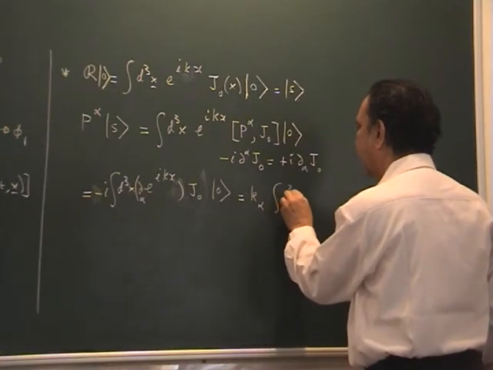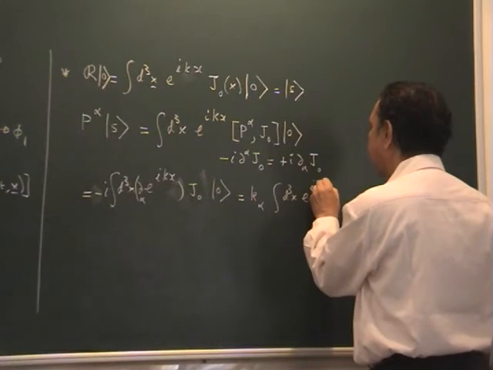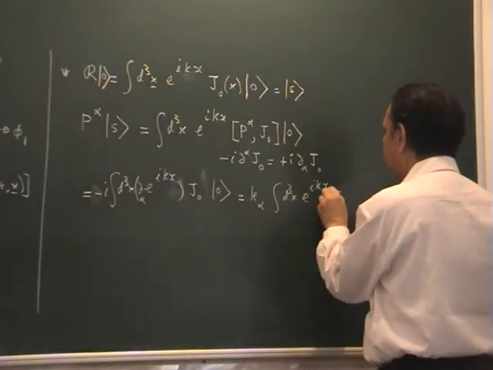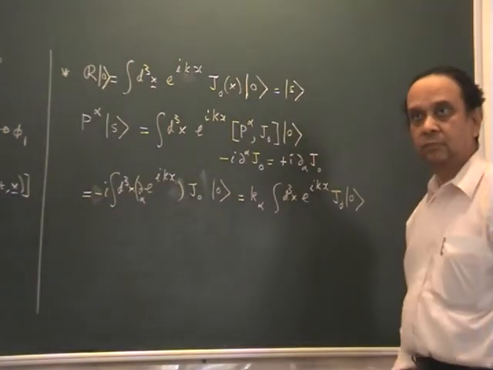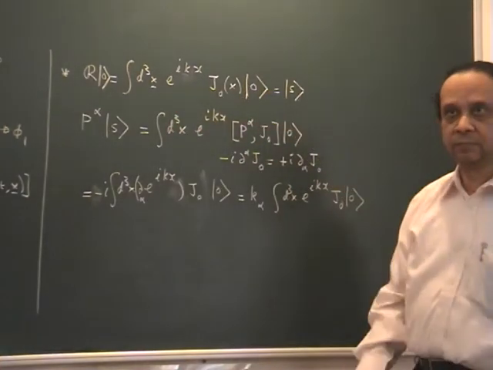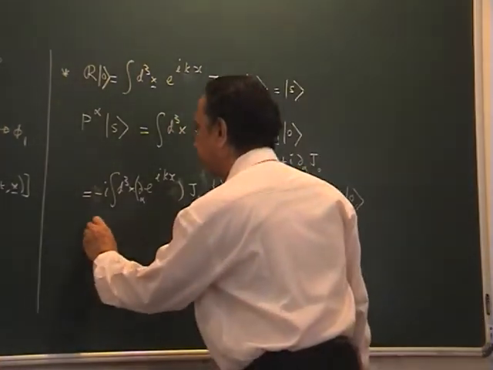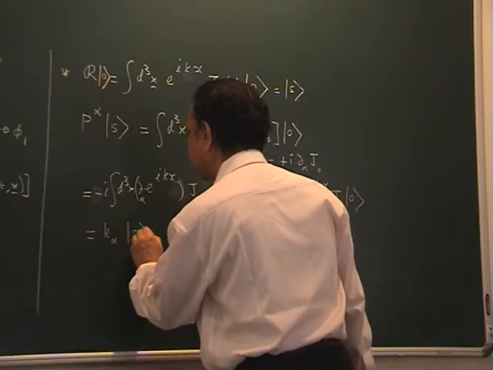Integral d3x e to the I kx J0 on this. But this is exactly what we have got here. So this is equal to k alpha S.